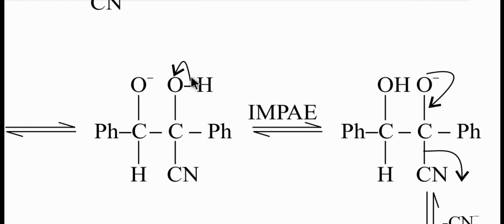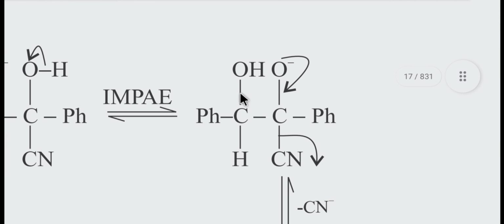The proton has a positive charge and the oxygen has a negative charge, so when they attach, they neutralize and form a hydroxyl group. So inside a molecule, intramolecular proton exchange occurs.